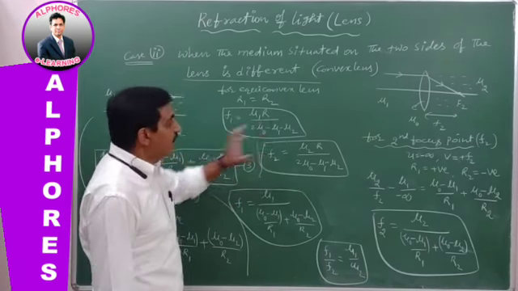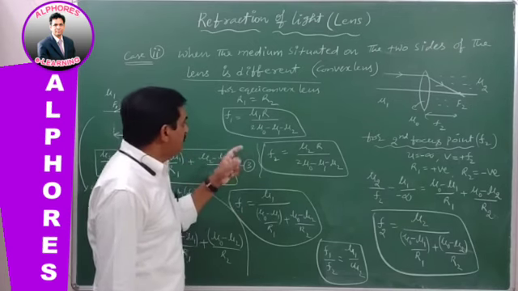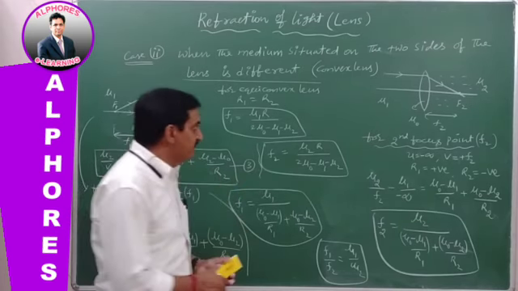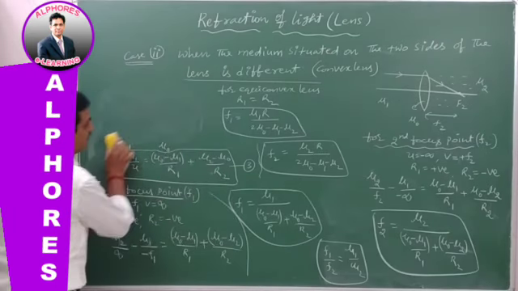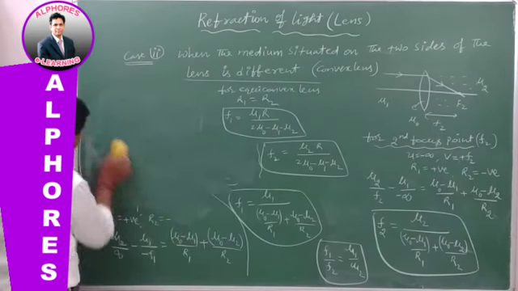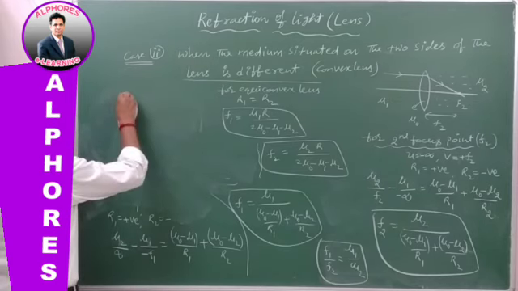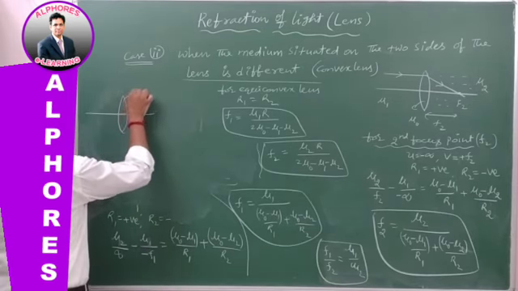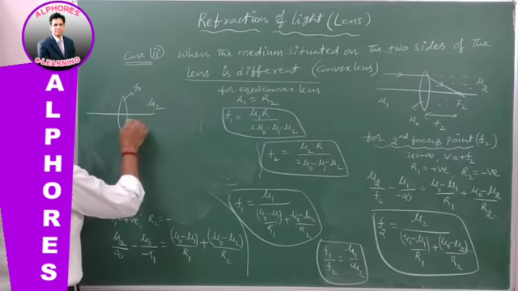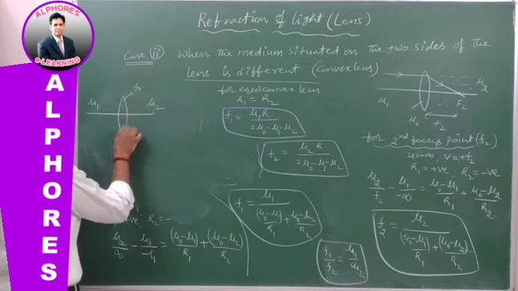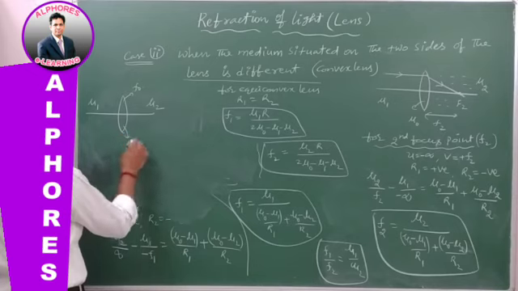That's enough. Now suppose the focal length of the equiconvex lens is given, say f naught is the focal length given, on the other side mu 2, first side mu 1, and its refractive index is mu naught.